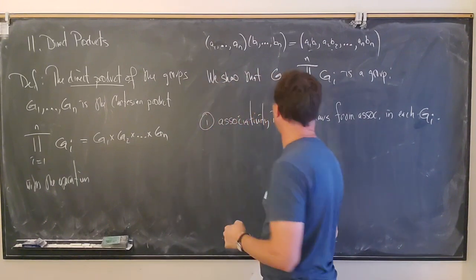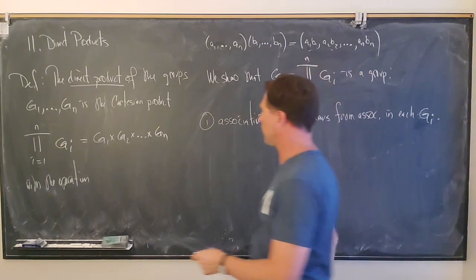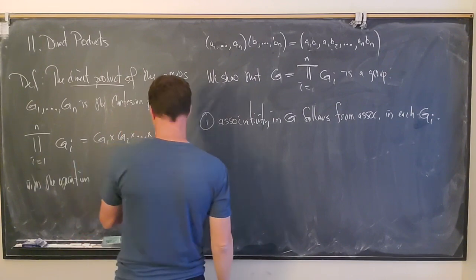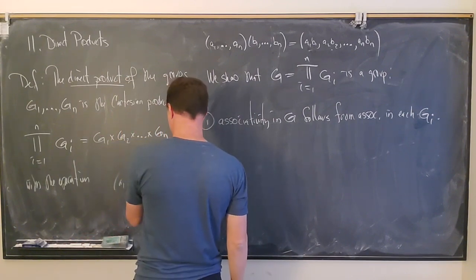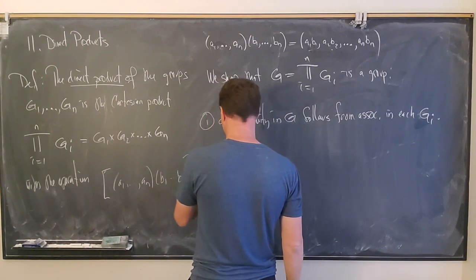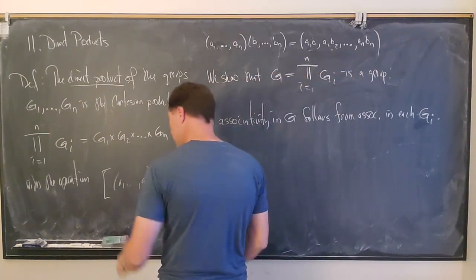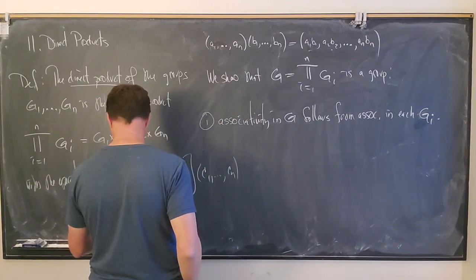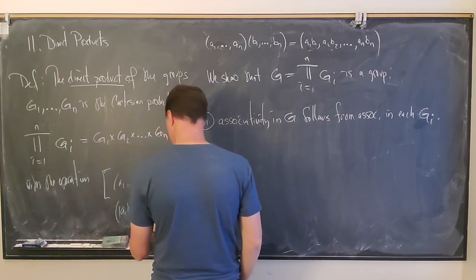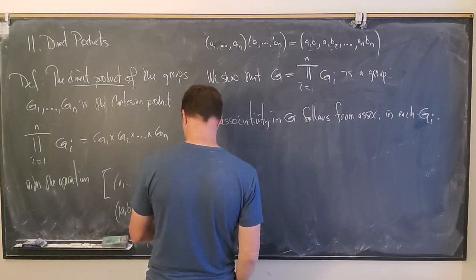What do I mean? Maybe I'm being a little bit lazy there. If I take 3 n-tuples, what will the entries look like? I'm just going to write this out real quick: (a1, ..., an) times (b1, ..., bn) times (c1, ..., cn). Now, if you multiply this together, what you're going to get, written this way, is in the first entry, (a1 b1) c1, all the way down to (an bn) cn.